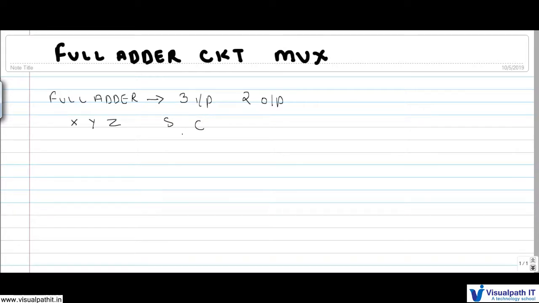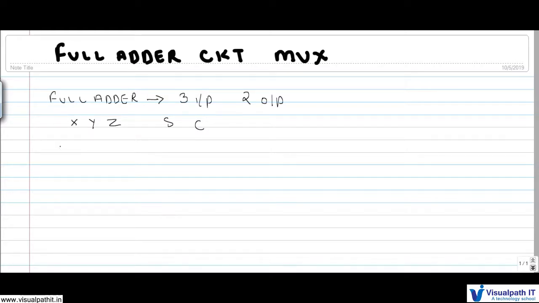So there is a problem that will come here. I won't be able to produce 2 outputs from a single multiplexer circuit, because there is only one output in a multiplexer circuit. So sum and carry both won't be produced with the help of a single multiplexer.